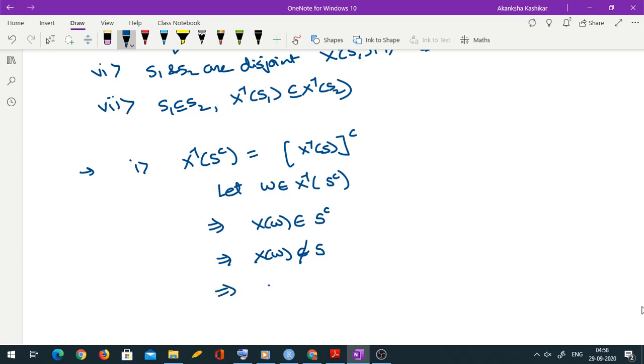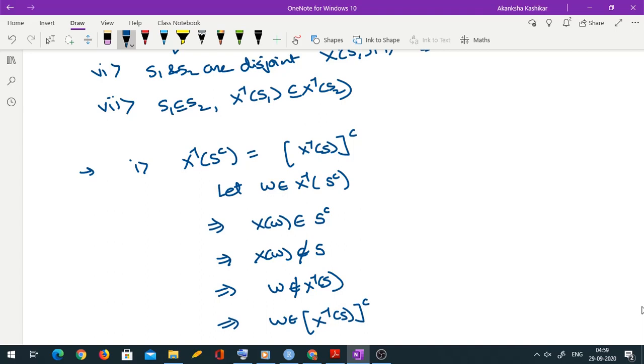So this means that omega is not in x inverse of S, because that is the definition of inverse image. If the image is not in S, then it means omega is not in x inverse S. So this would mean omega is in x inverse S whole complement.